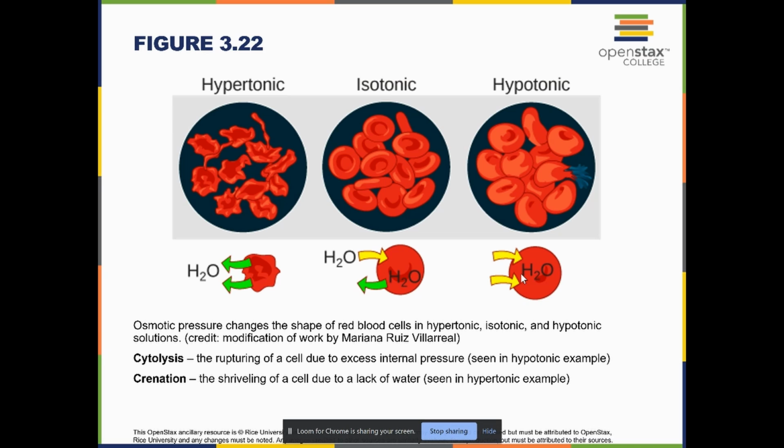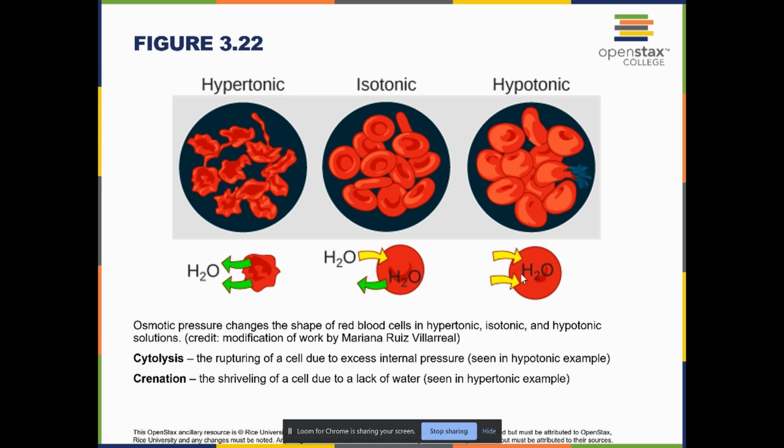Whereas if you put a red blood cell in a hypotonic solution, there would be more water outside the cell than inside, and that water would rush in. The water rushing in would cause a eukaryotic animal cell to swell and bust, or lyse. And cytolysis is the rupturing of a cell due to excess internal pressure, whereas crenation was the shriveling of a cell due to a lack of water.